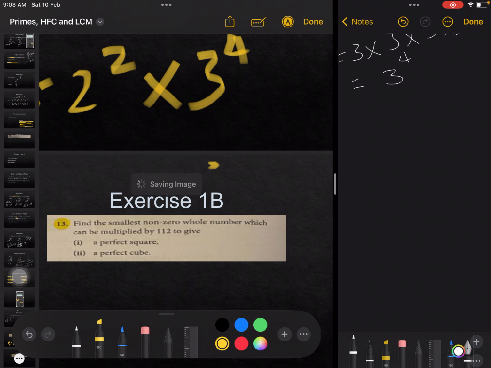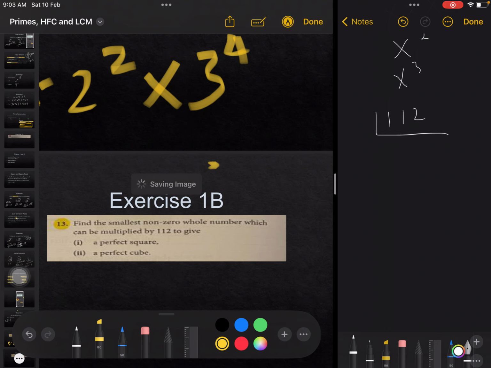Perfect square, we learned that perfect square is x times x, so we need something x square. Perfect cube will be x cube. In order for us to do this question, we need to find out the prime factorization of 112 first.